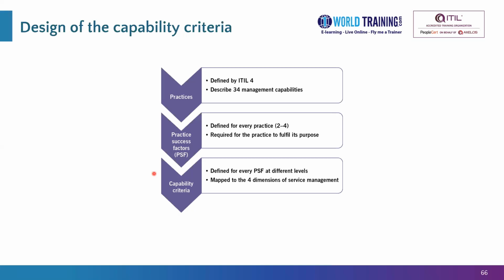And these criteria are mapped into the 4 different dimensions of service management. So you will see some criteria which are for a specific dimension at a certain level, and others for another dimension at the same level or other levels of maturity.